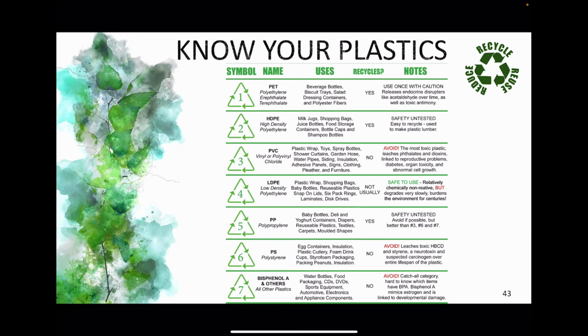For the resin identification with number 3, it indicates PVC, polyvinyl chloride. This type of plastic is widely used to produce plastic wrap, toys, spray bottles, shower curtains, garden hoses, water pipes, siding, insulation, adhesive, panels, signs, clothing, leather, and furniture.